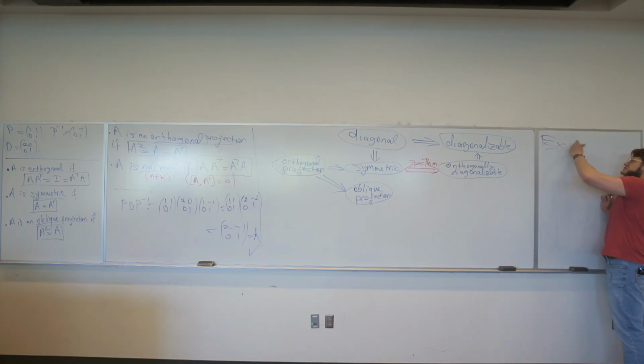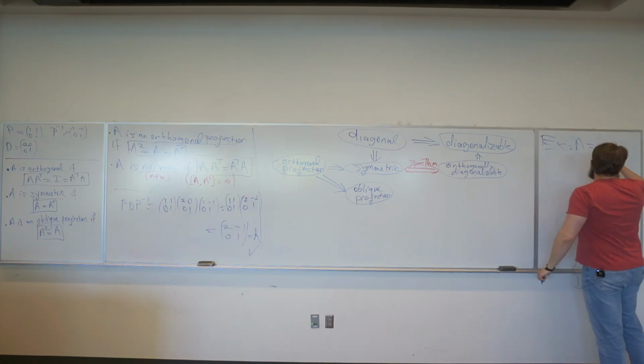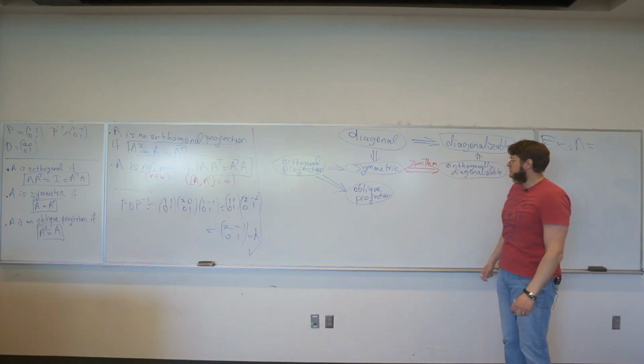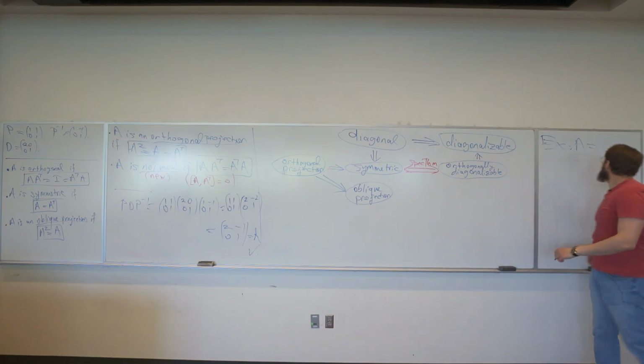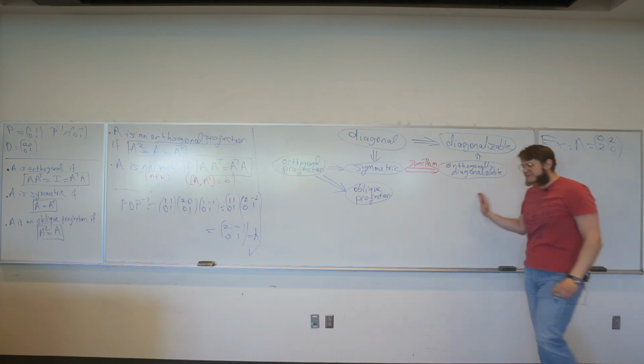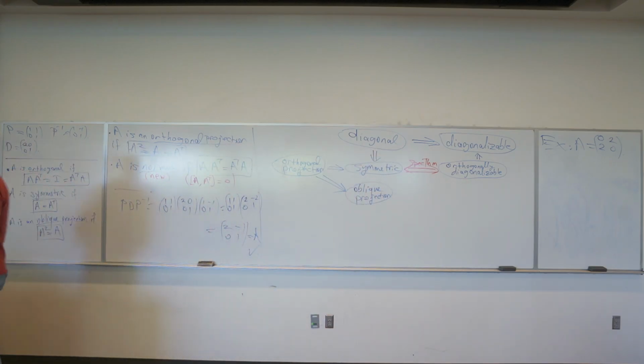Let's look at 0, 2, 2, 0. Okay, this is a symmetric matrix. The spectral theorem tells me that this is orthogonally diagonalizable.